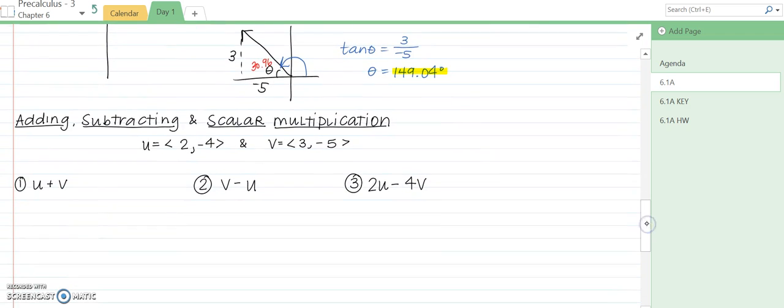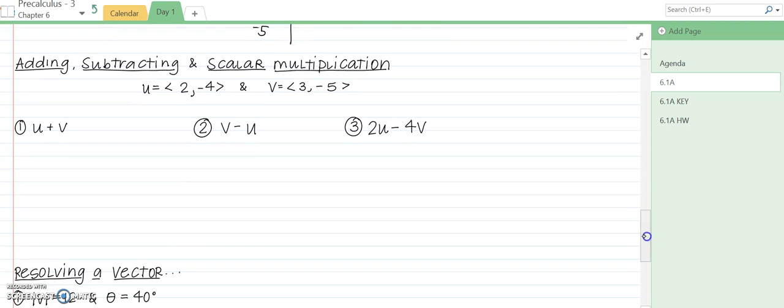All right, the next few things go pretty fast. All we're doing is adding, subtracting, and multiplying vectors. So when we add, we just want to add the horizontal components. So you have the 2 plus 3. Vertical, do the same thing. You're adding them. So we get a 5 horizontal component and a negative 9.